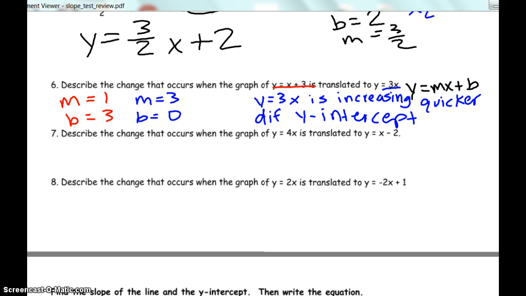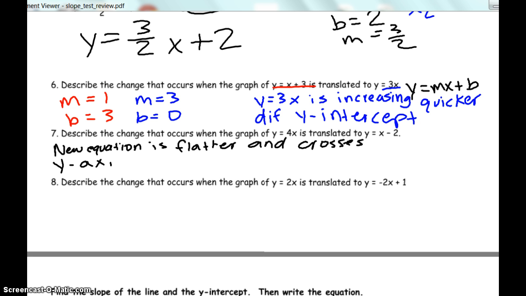So the new equation is flatter and crosses the y-axis at -2.